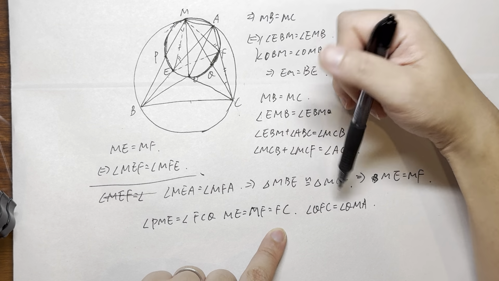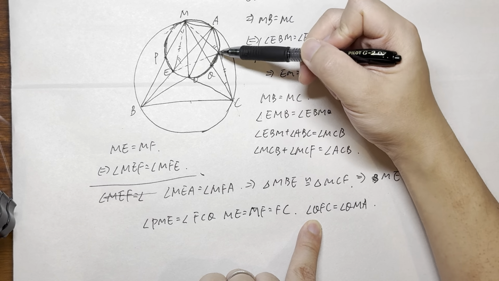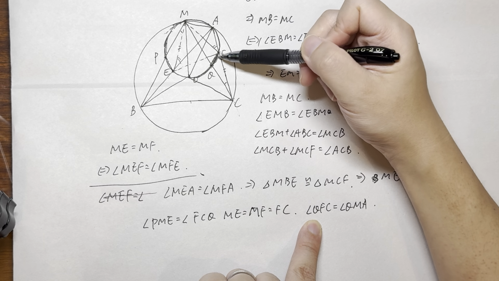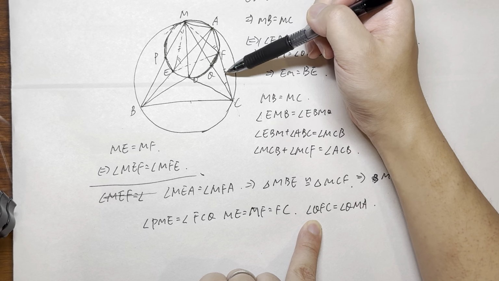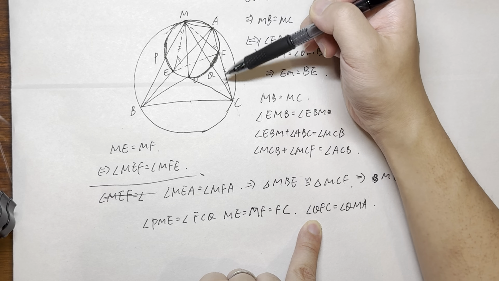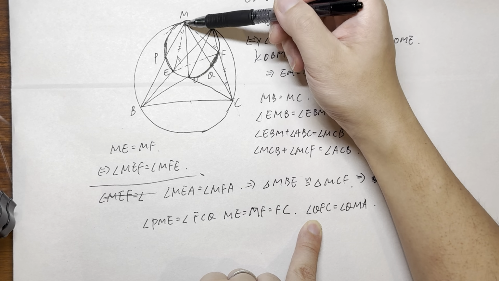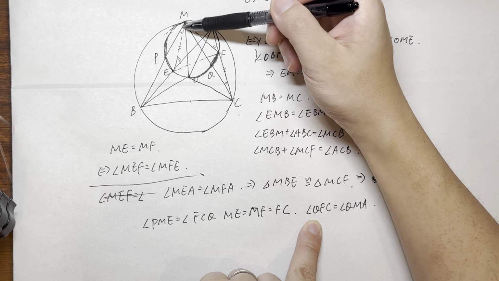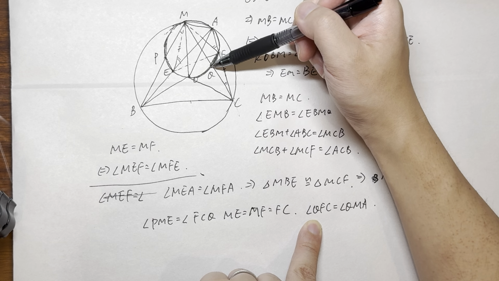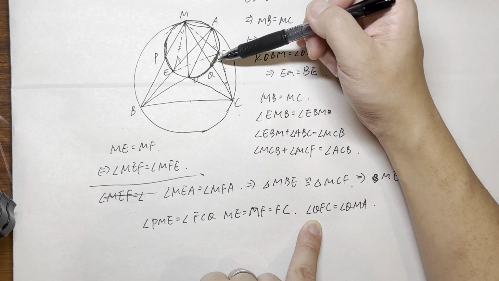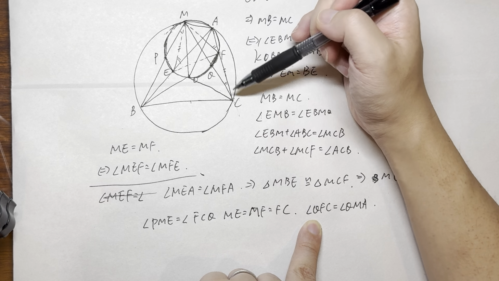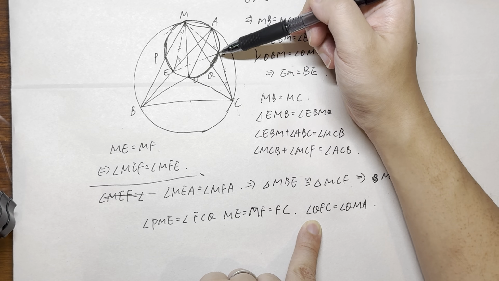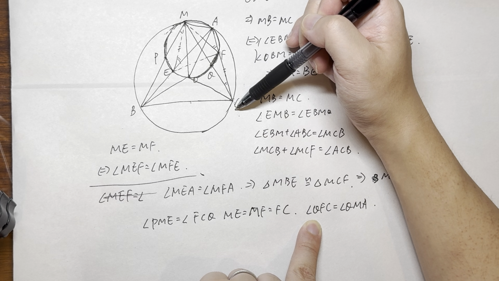I don't think so, right? Let's think about that. Because we already have this side and this angle, we want to prove that CQ equals MP. We want to prove that these two triangles are congruent, which means we need to find the angle relation of angle QFC, or actually angle FQC.